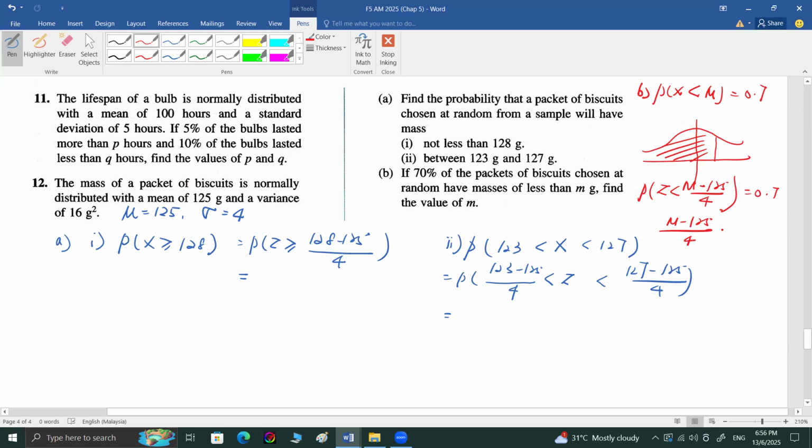But now, no need, it's a positive value, so you find from the table or the calculator. Okay, keep trying this and see. I write the answer here, 12, 0.2266.